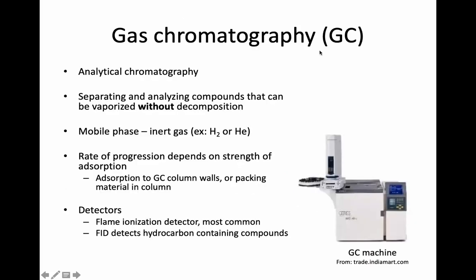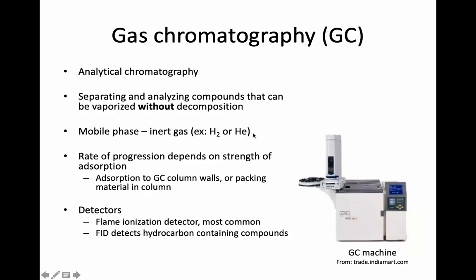In gas chromatography, the idea is that we vaporize your compounds. For example, gasoline gets vaporized and then it gets injected into your chromatography machine with a mobile phase, which is composed of an inert gas such as hydrogen or helium.